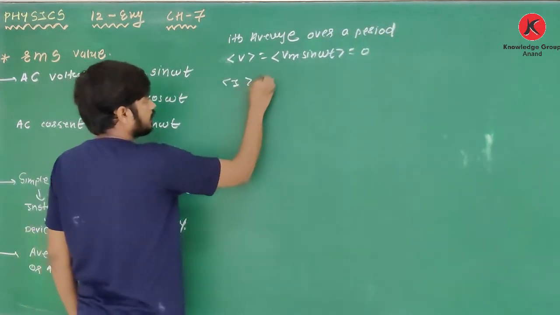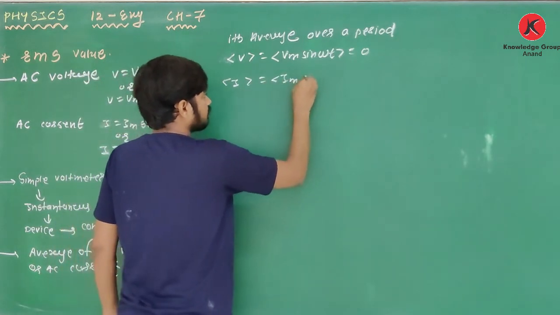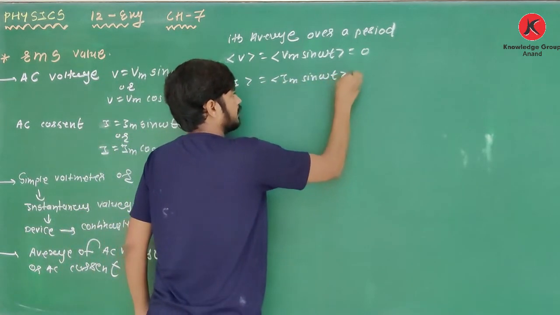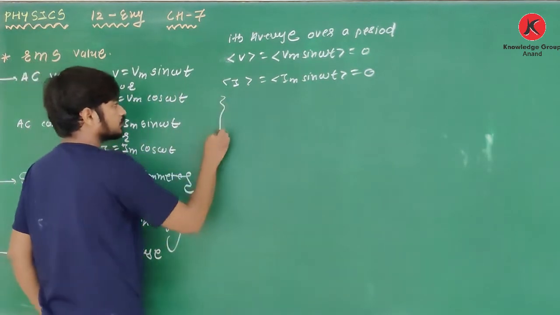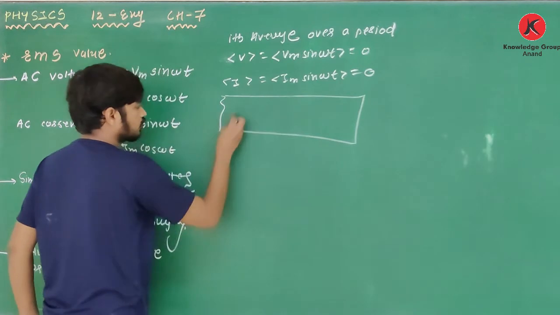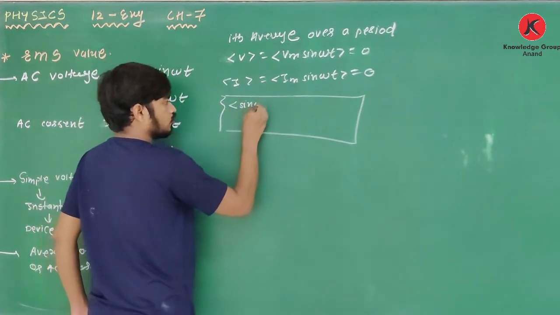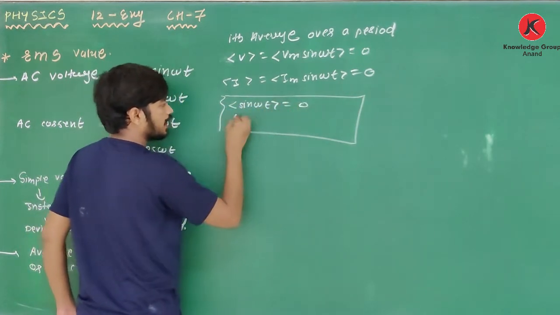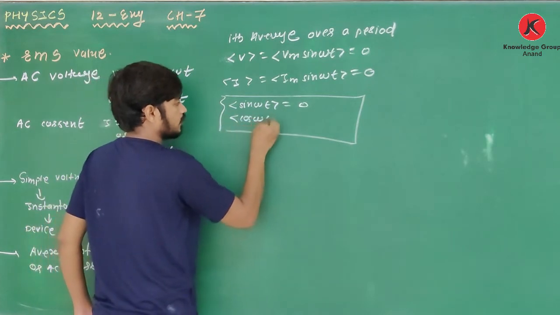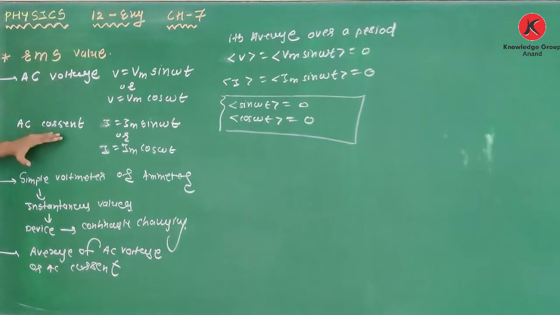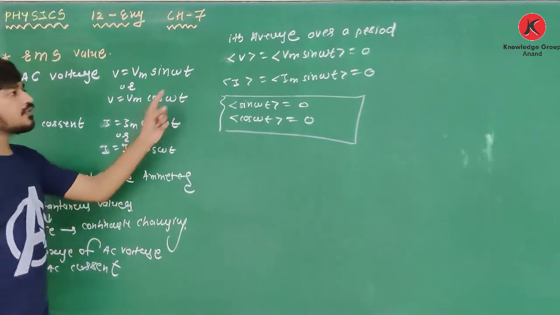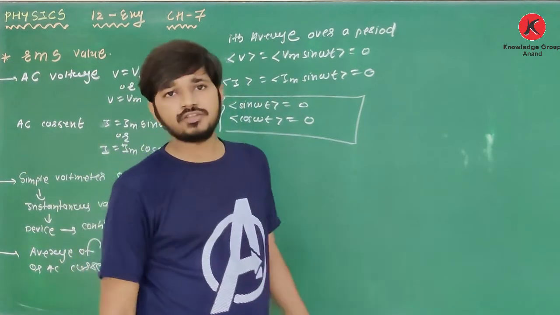Or I, it is also Im sin ωt, it is 0. That we have proved, because we know that the average of sine over a period is 0 and the average of cos over a period is 0. So yes, AC voltage and AC current we cannot measure with the help of a simple voltmeter or ammeter. We cannot find its average because its average over a period is 0.